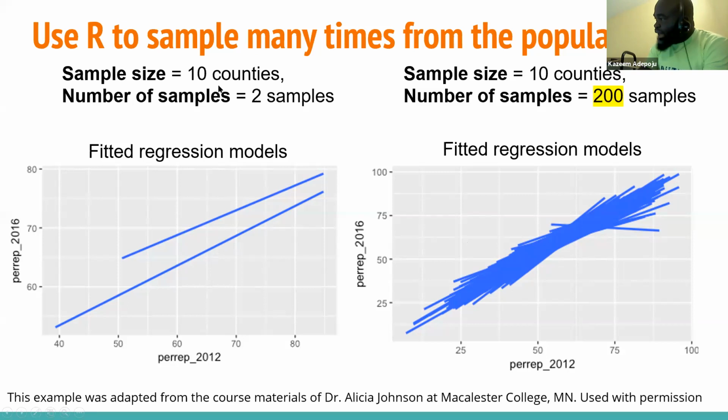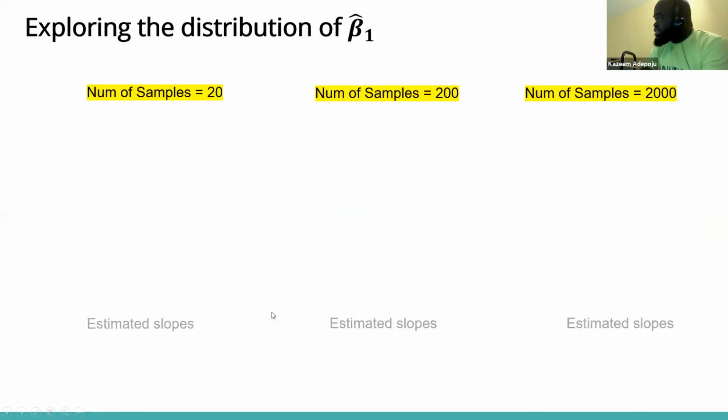When I vary my sample size from 10 to 20, and I do the same, the sample size of counties I select is going to be 20, but I'm going to go back into that population 200 times. So when I do that 200 times, what happened? When I do that 2,000 times, what happened?